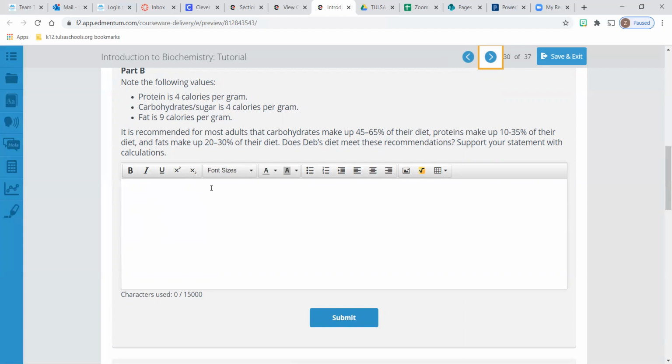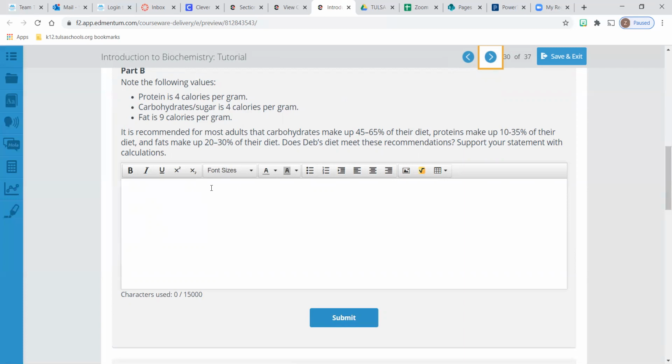Here it states that most adults are recommended to eat 45 to 65% of their diet in the form of carbs. Proteins make up 10 to 35% of their diet, and then fats make up 20 to 30% of their diet.